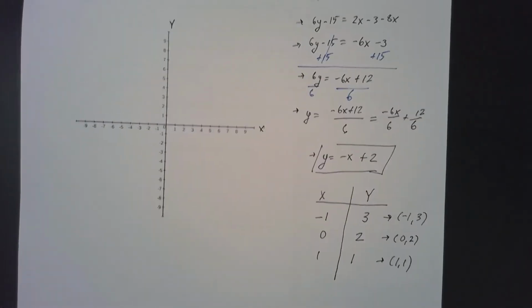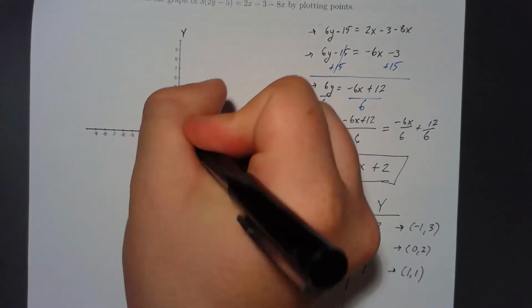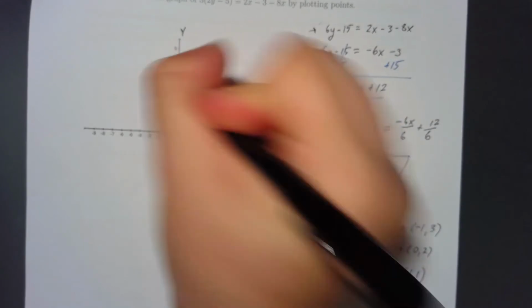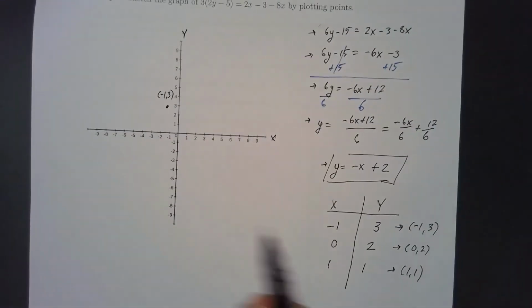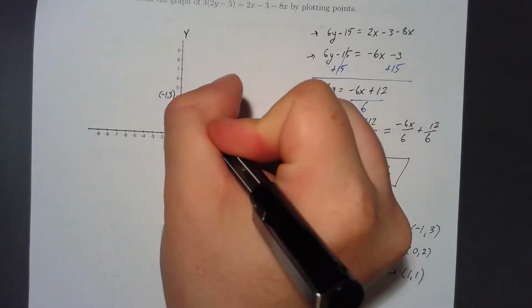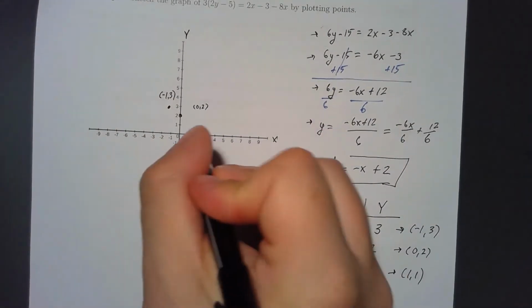Let's plot them. -1, 3, left 1, up 3. 0, 2, don't move, and I go up 2. And 1, 1, right 1, up 1.